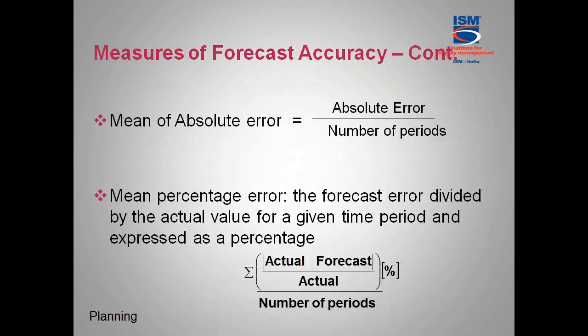But suppose my error is very small in number. For example, actual is around 10,000 and the error is around 20 or 30. As compared to 10,000, an error of 30 is very small.